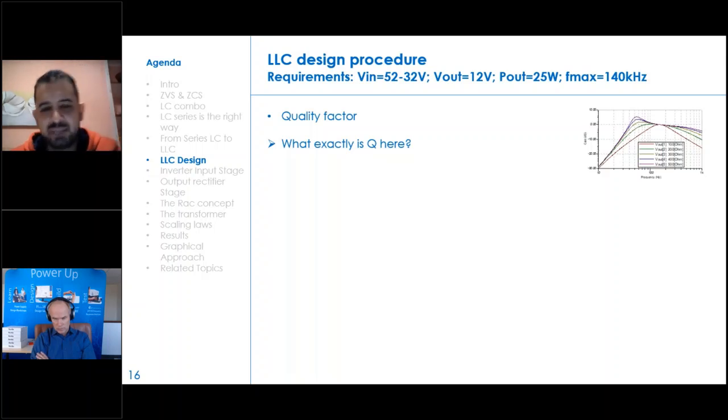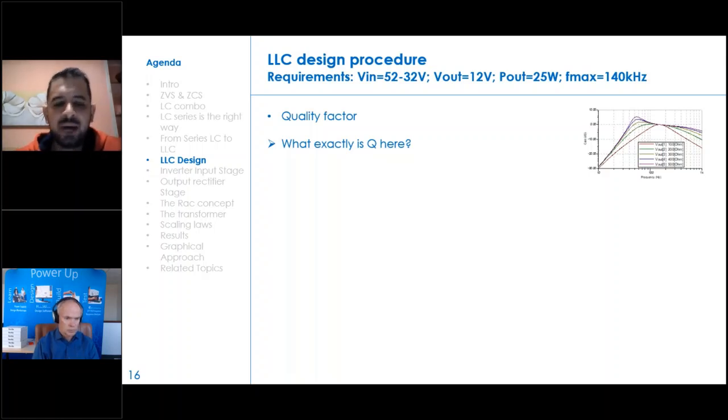So let me clarify this point better because it creates confusion. First, by sweeping the load, you see two resonances. The first source of confusion is choosing to which resonance Q refers. Here I choose the low resonance because I travel along that curve when I'm called to increase the gain.